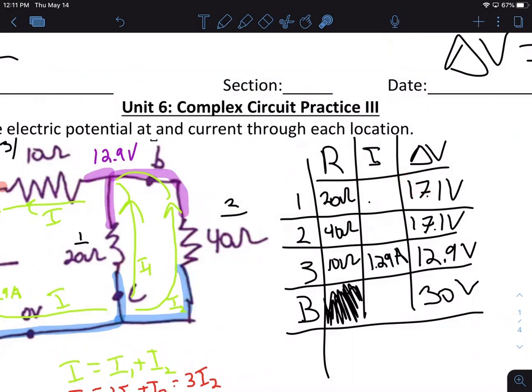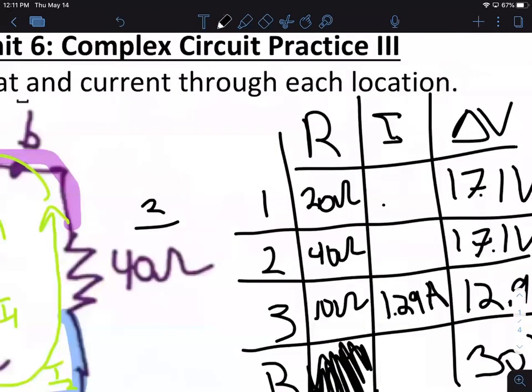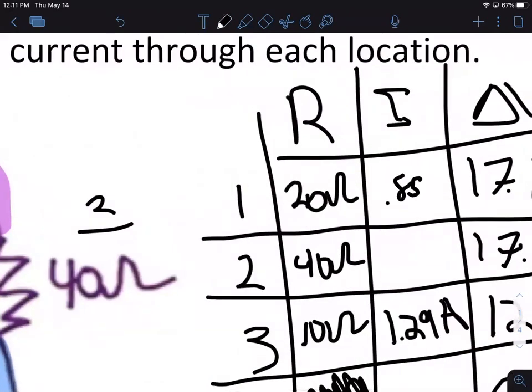And from there, now I know the delta V, I know the resistance, I can find the current necessary to make that happen. So 17.1 divided by 20 is 0.855 amps. 17.1 divided by 40 is half of that, 0.4275 amps.